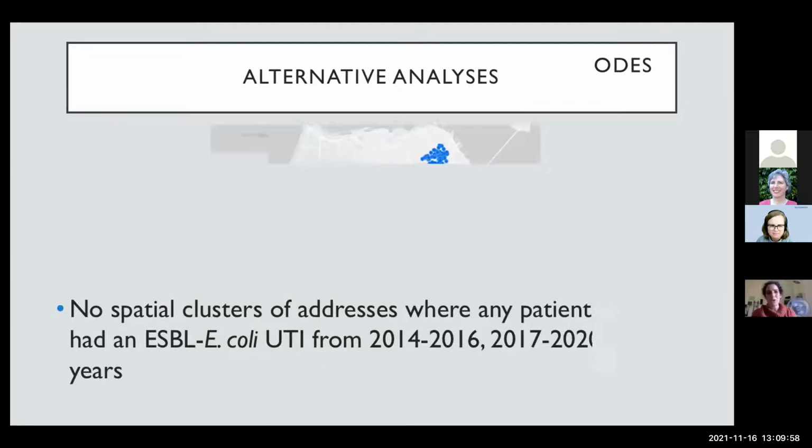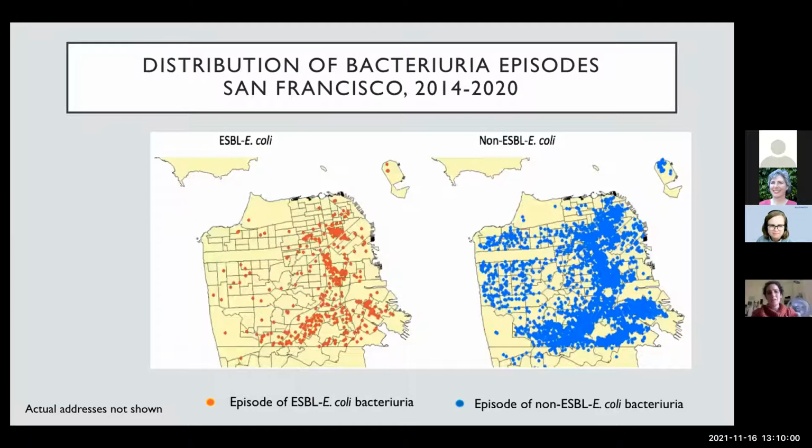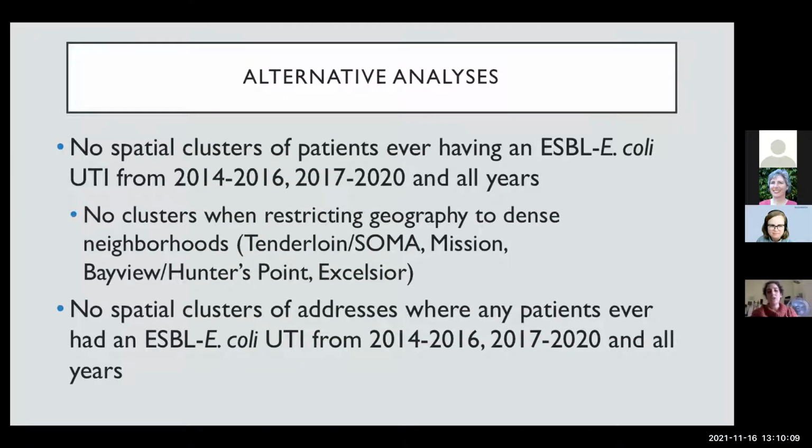You may have noticed from this map that we do have areas of highly densely populated areas. So we restricted our analyses to the Tenderloin and SoMa, to the Mission, Bayview Hunters Point, and Excelsior. And when looking at those smaller geographies, similar to what the Columbia paper did, we did not find clusters there either.